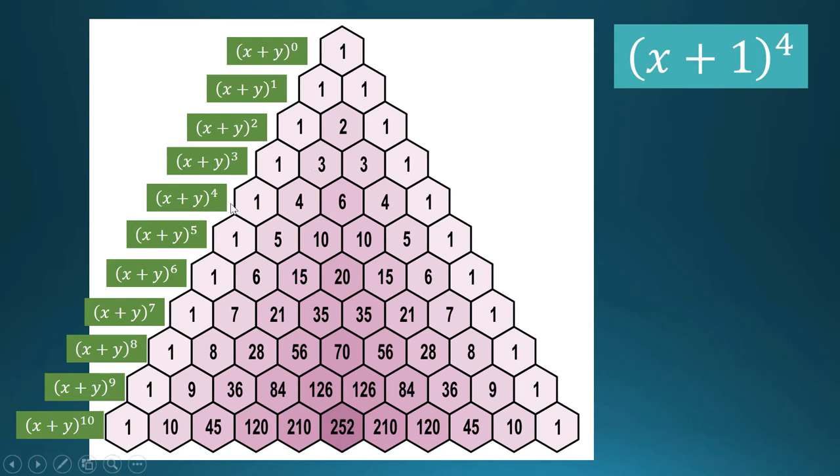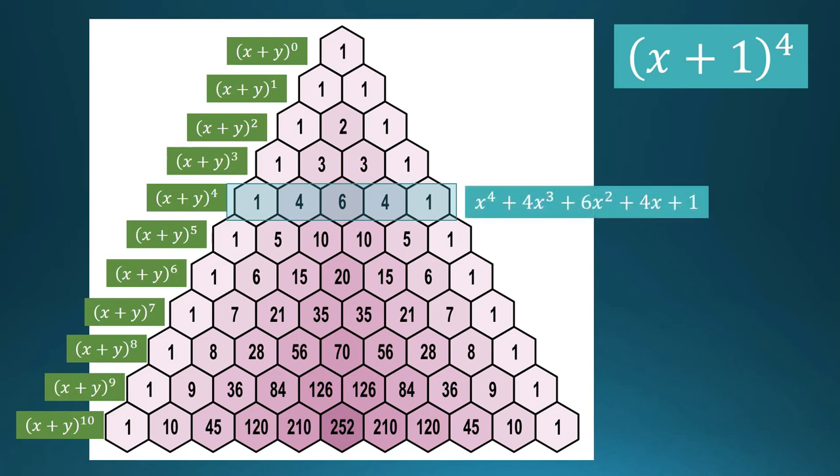And what are the numerical coefficients? 1, 4, 6, 4, 1. Let us write it down. Again, the pattern in writing the first term of your binomial is descending integer exponent. And fortunately, the second term is only 1. So 1, 4, 6, 4, 1. These numerical coefficients can be obtained from your Pascal triangle.